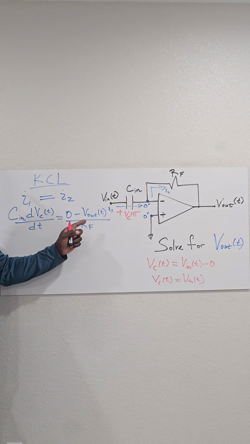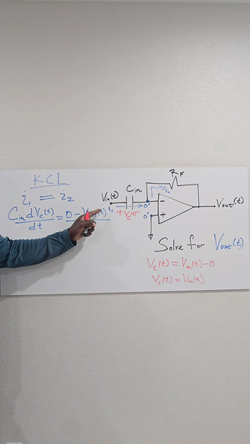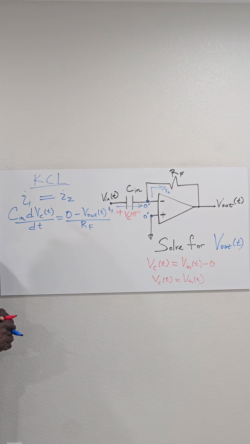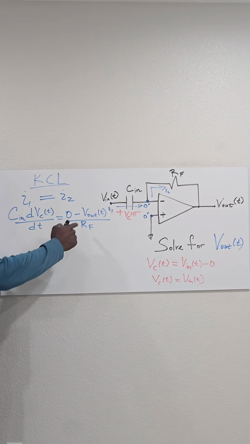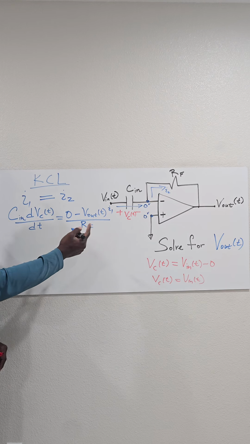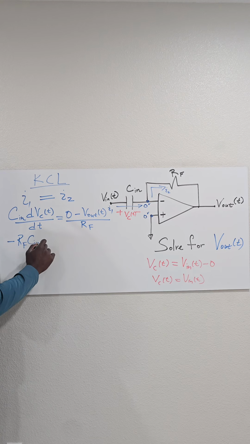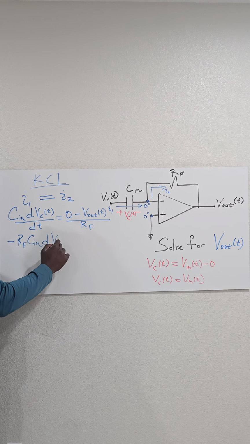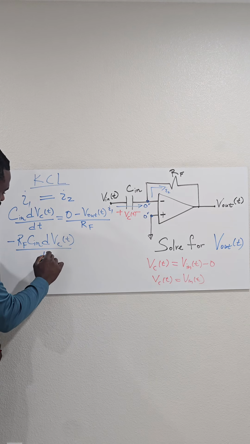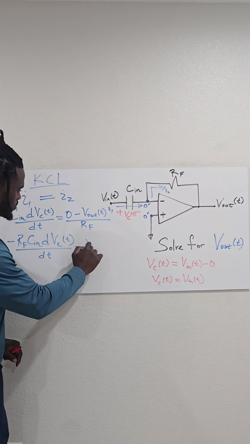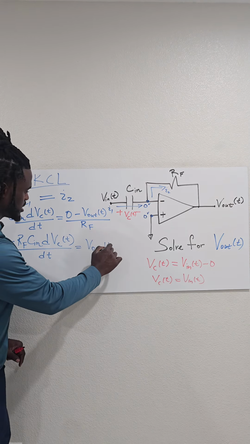And ideally, what I want to do is just solve for V out. So if I go ahead and do that, I just have to multiply everything by negative RF. So this becomes minus RF times Cn, the change in Vc of t over dt, is equated to V out of t.